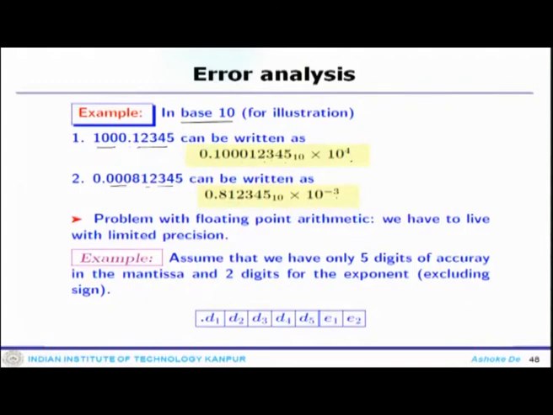Any school going kid also knows that these are two numbers and one can write them this way.